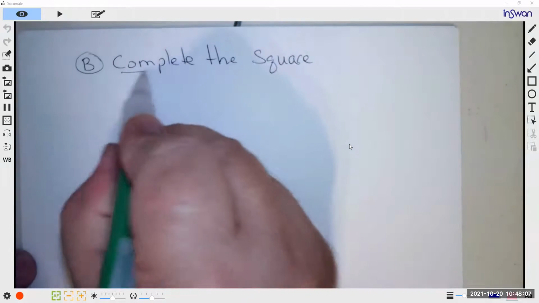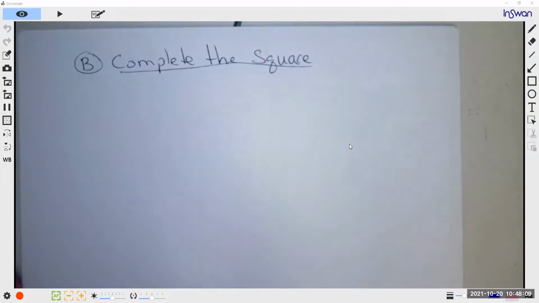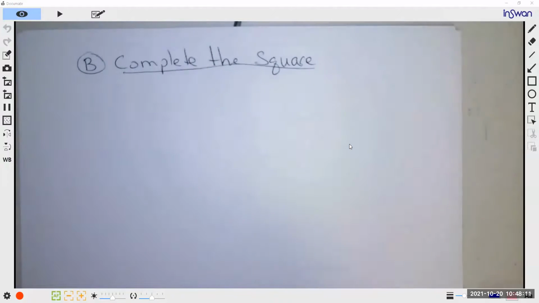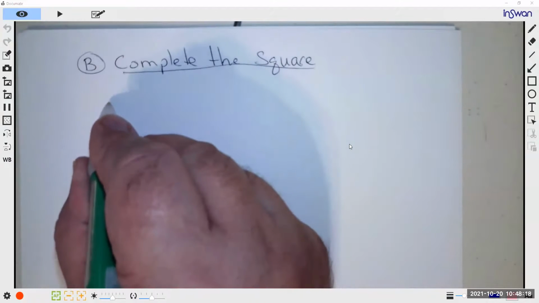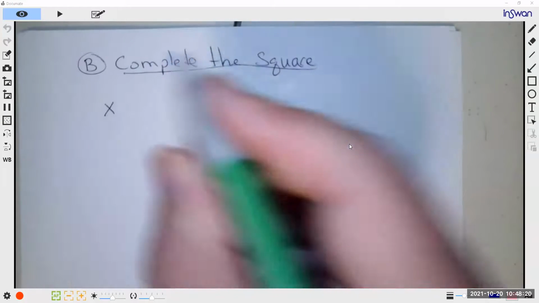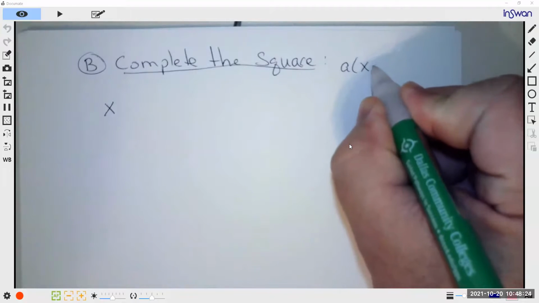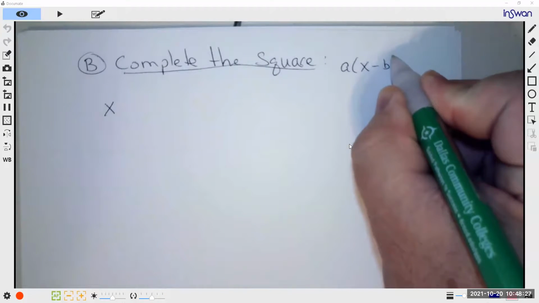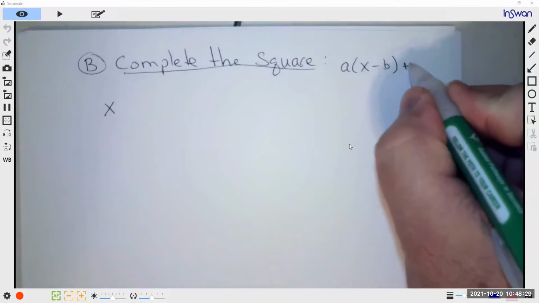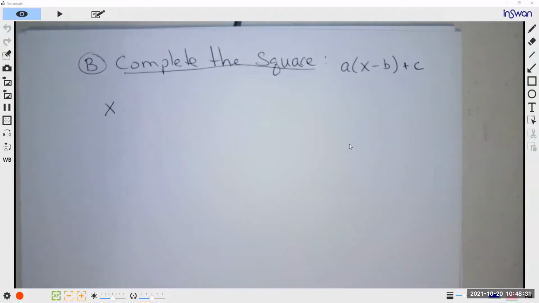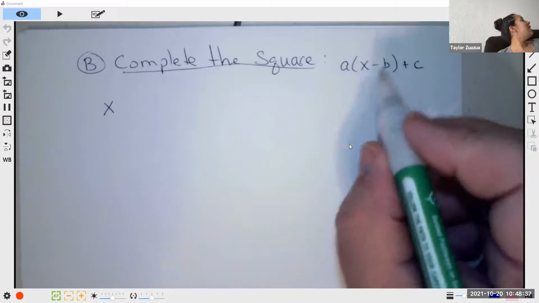The next method is called the complete the square method. With the complete the square method, you'll end up with an equation that looks like this.